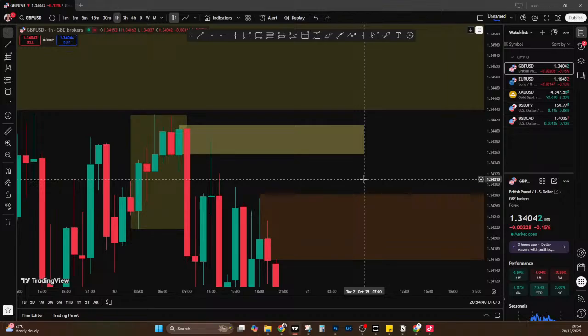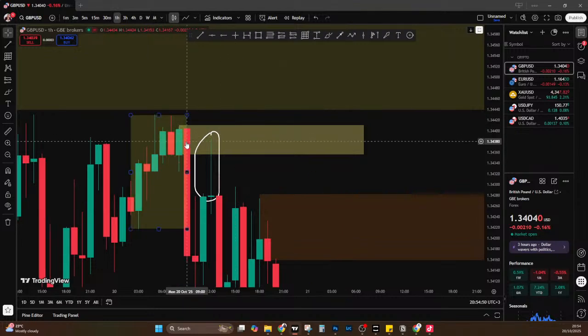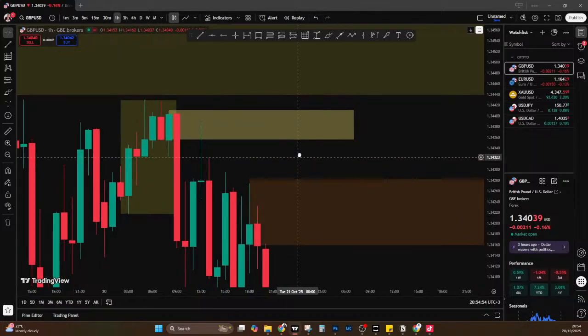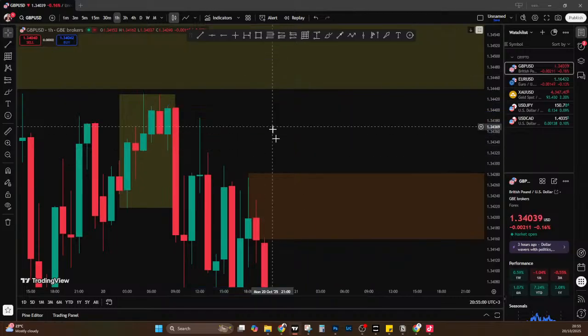Can you see that green wick? Here. So money left this order block and came to this week. These are the two ways we trade the week. We trade the week at the base and at the 50%.